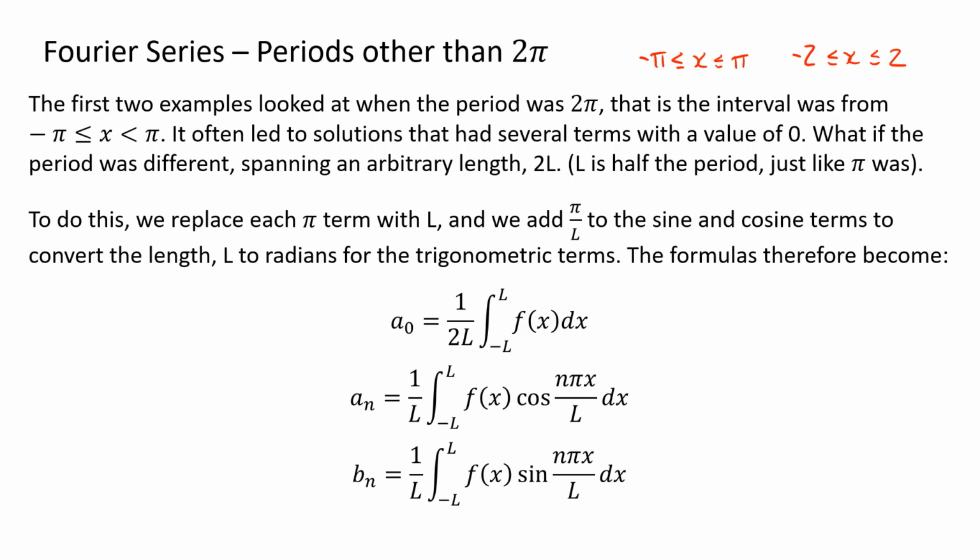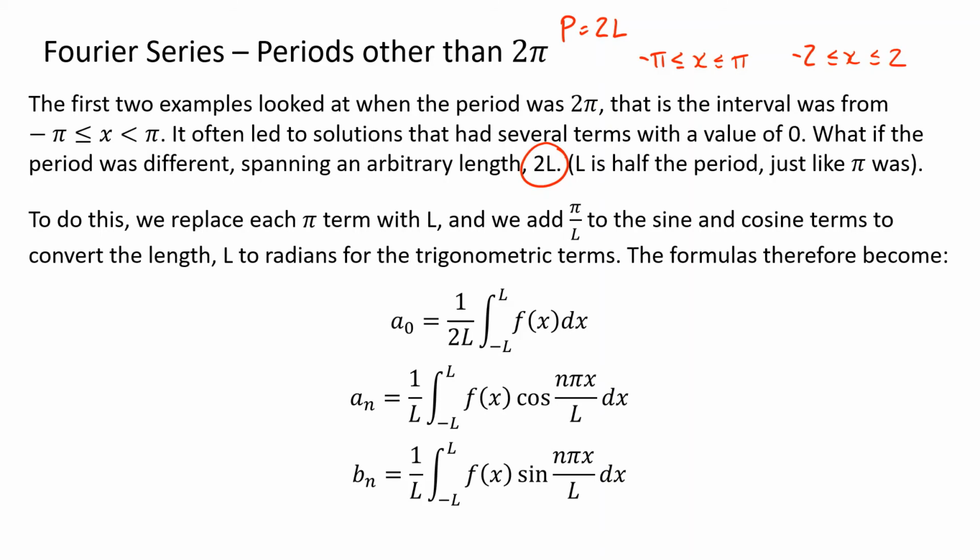So we rewrite these formulas, but really, we're not doing a whole lot. We're starting with our period, which is still p, but it's equal to 2 times some length L. So we have 2L here. So our length for each one of them, L, is simply half of the period.